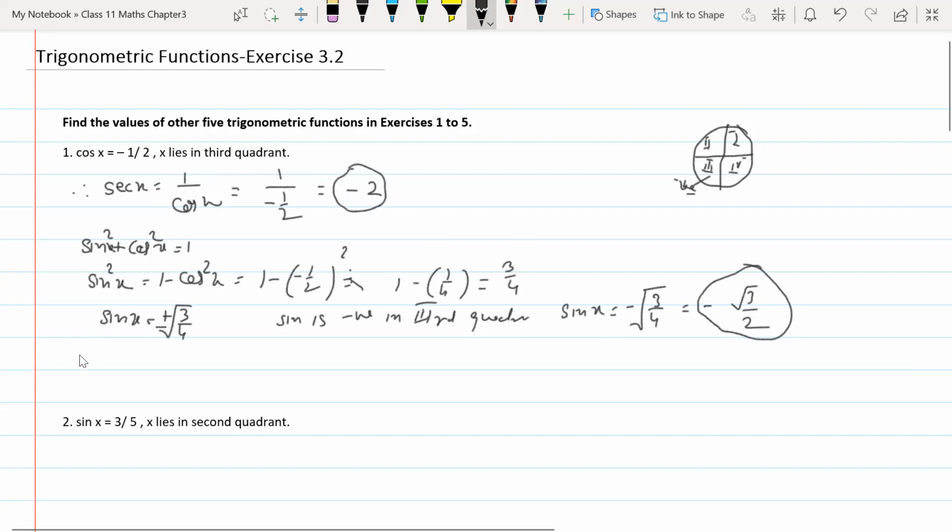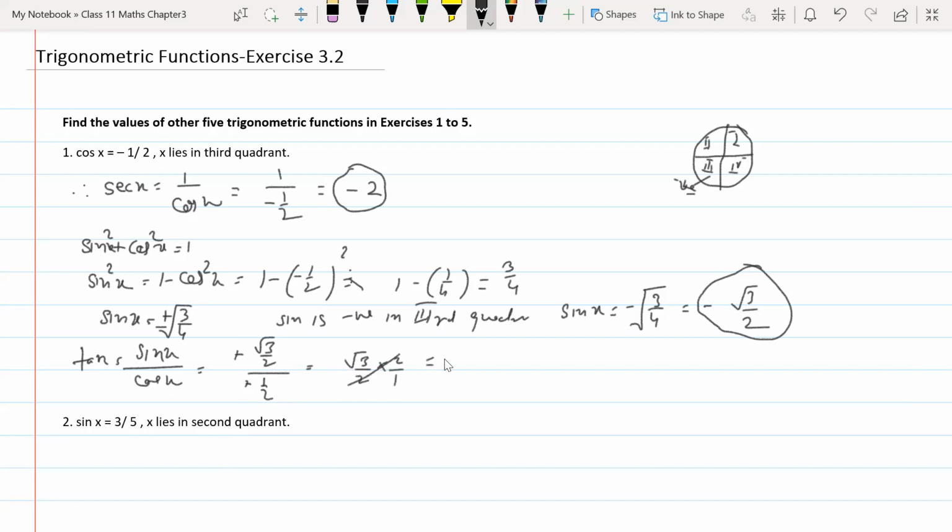We can calculate tangent x also. Tangent x is sine x divided by cos x. Here sine x is minus root 3 by 2 and cos x is minus 1 by 2. Minus and minus cancel. Root 3 by 2, 2 and 2 cancel, and it comes out to be root 3.